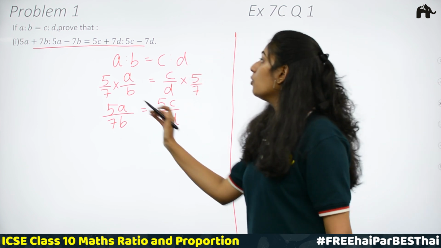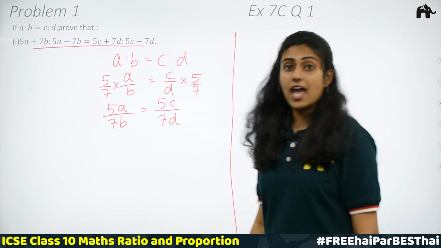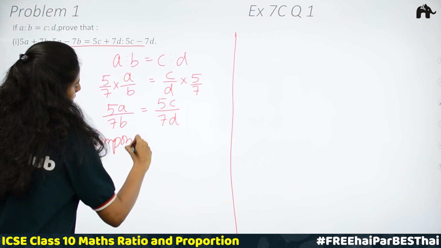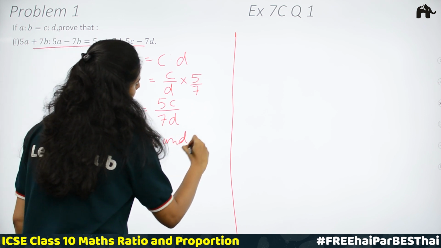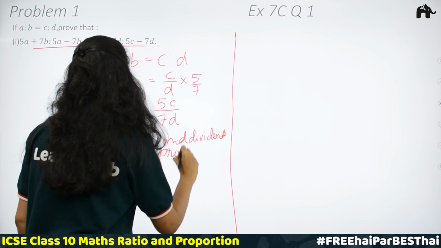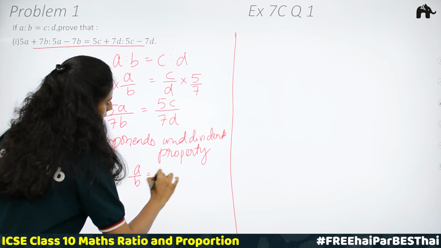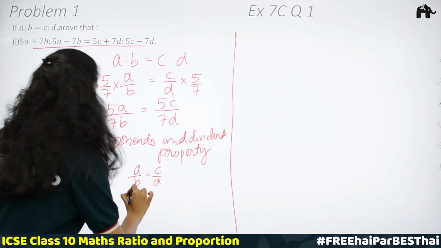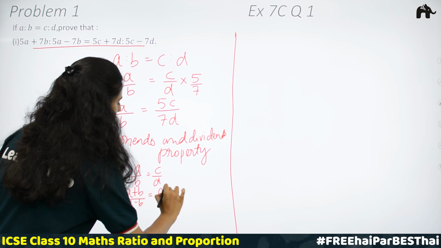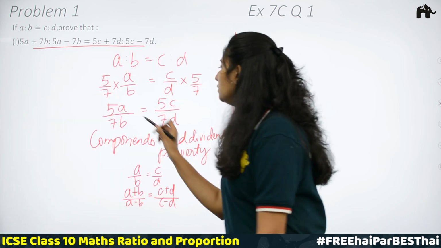Okay. Now, what we are going to do is apply the componendo and dividendo property. What was it? When you have A by B is equal to C by D, this can be written as A plus B by A minus B is equal to C plus D divided by C minus D. Same thing we are going to do here.